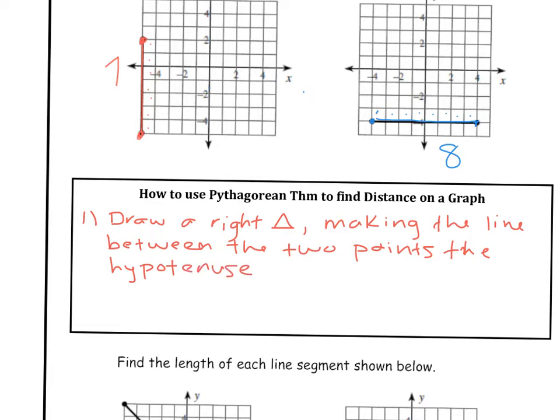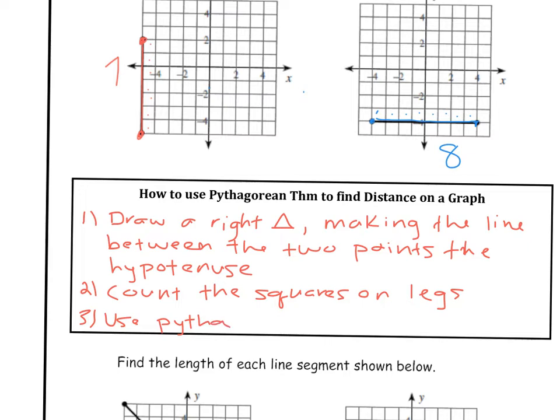My second step is I want to count the squares on the legs. And my last step is I'm going to use the Pythagorean theorem to find the distance.